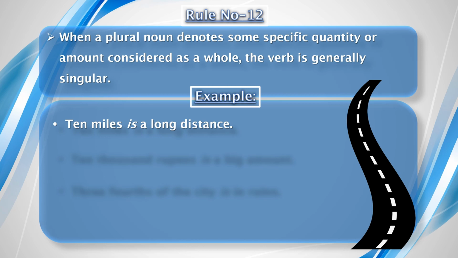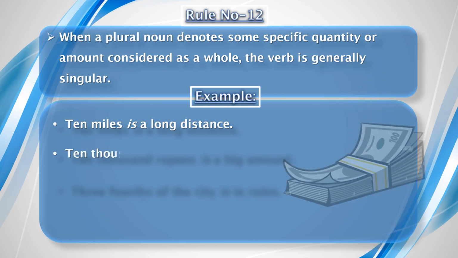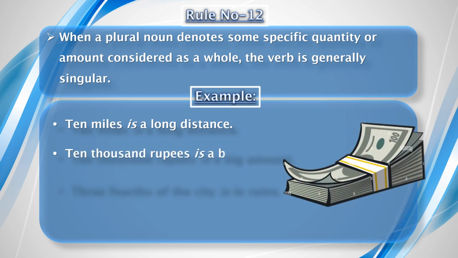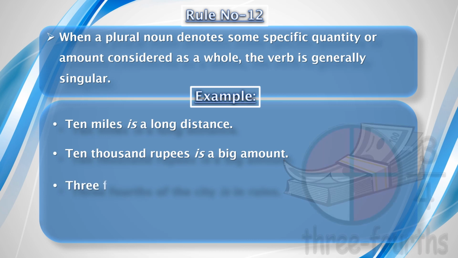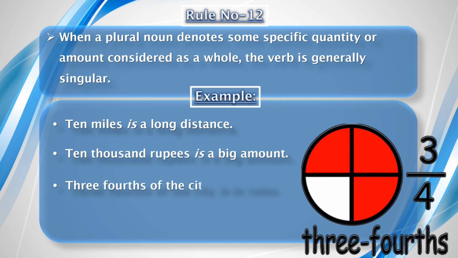So it is, not are. Okay, 10,000 rupees is a big amount. We are taking the amount as a whole, so it is singular. Three-fourths of the city is in ruins. Whenever you see one-fourth, three-fourths, half of the city or half of the thing, it is always singular, because we are taking some specific amount as a whole.